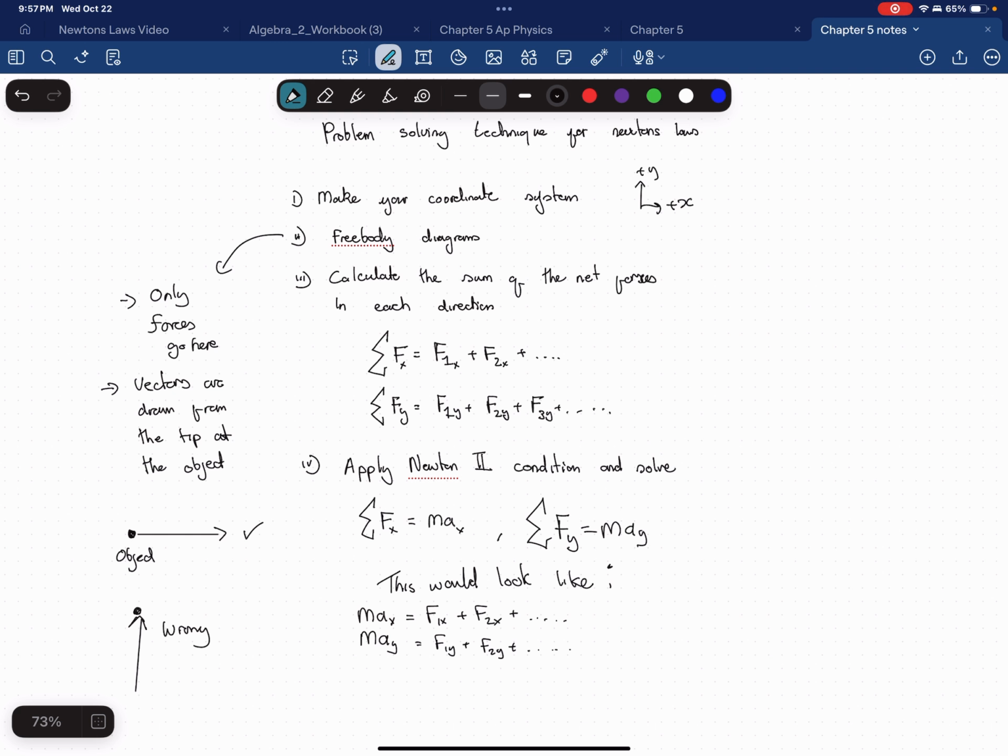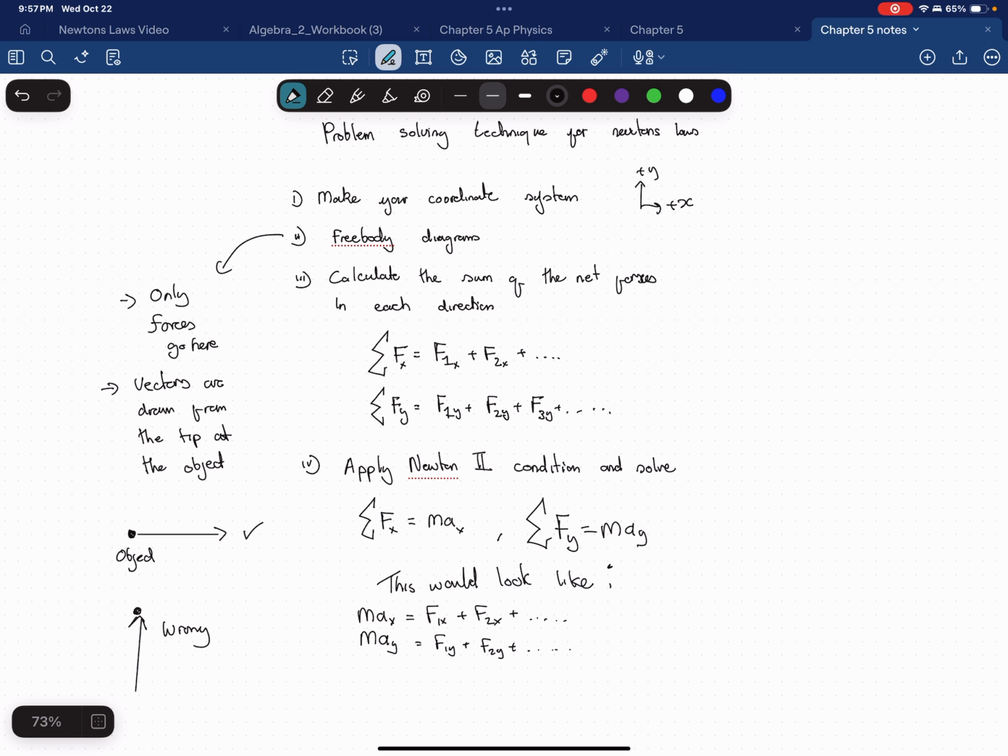If my free body diagram has forces in my x direction, there will be force 1, force 2, and so on, like maybe friction, the x component of weight, or the x component of tension. And the y direction, same thing. We have, let's say, the y component of weight, normal force, and so on. Those are some common forces you see in the y direction.